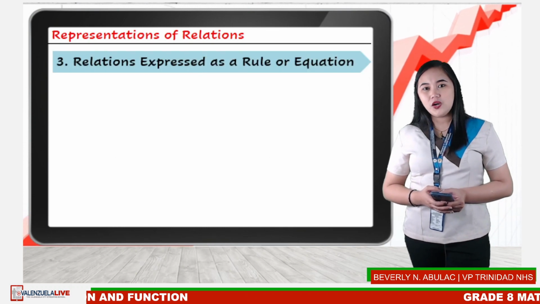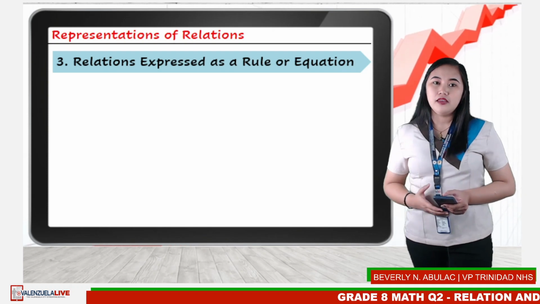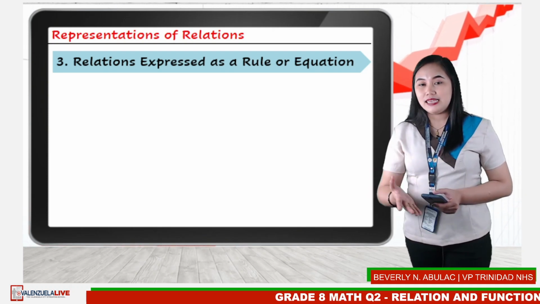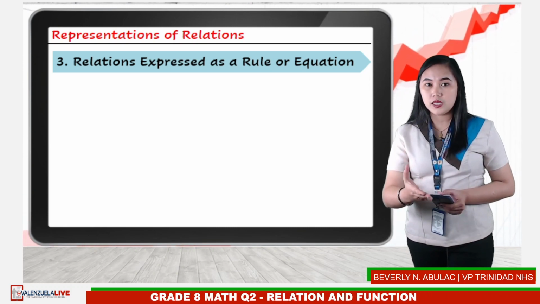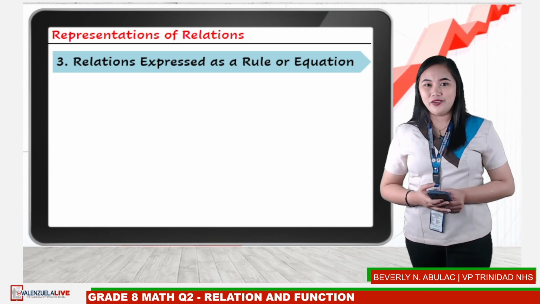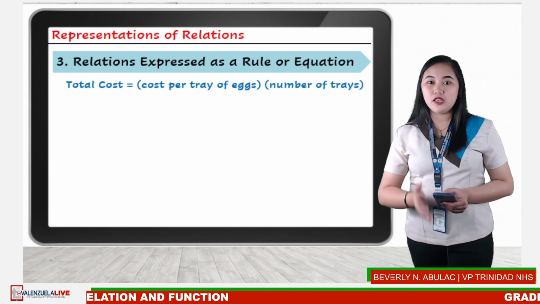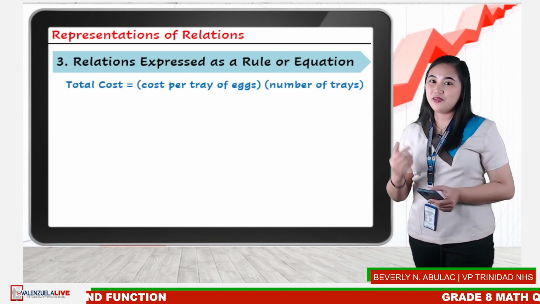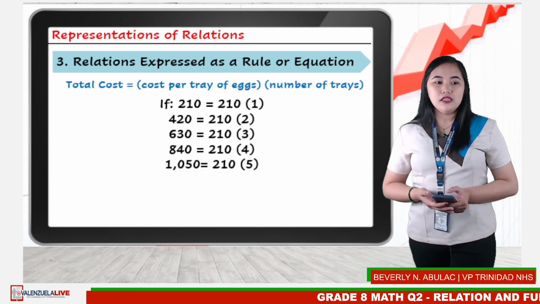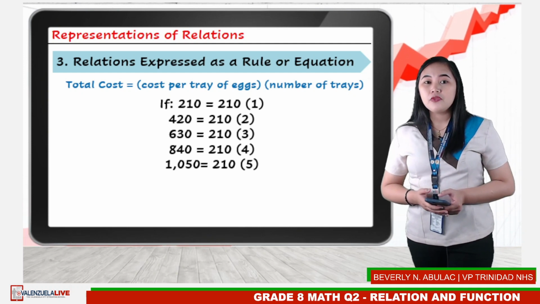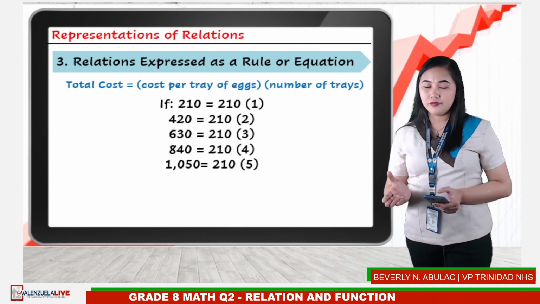Next, we have the relations expressed as a rule or equation. A relation may also be presented through an equation in two variables or a certain rule expressed in the equation. Now, let us model the relationship of the total cost and the number of trays of eggs through the equation. So as you can see, the total cost is equal to the cost per tray of eggs multiplied by the number of trays.